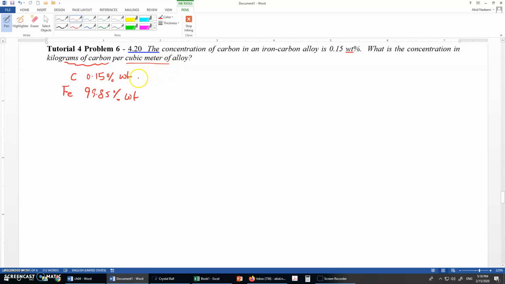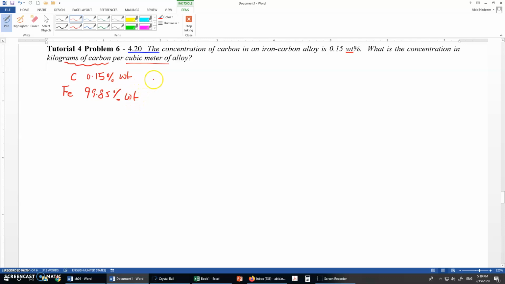So in this case we need to find the weight or the volume of the cubic meter of this alloy. So the volume of the cubic meter of this alloy will be equal to the volume of carbon plus the volume of iron.